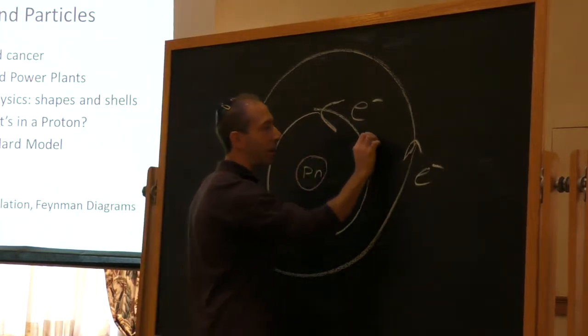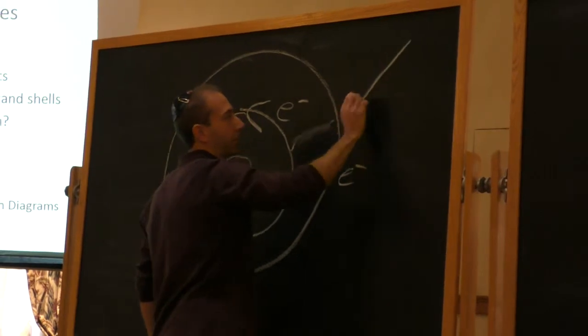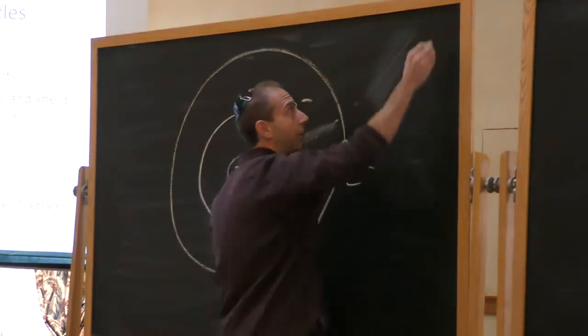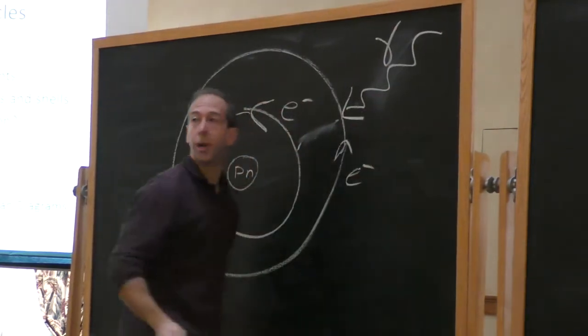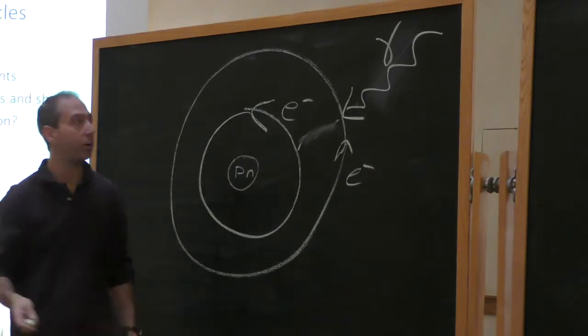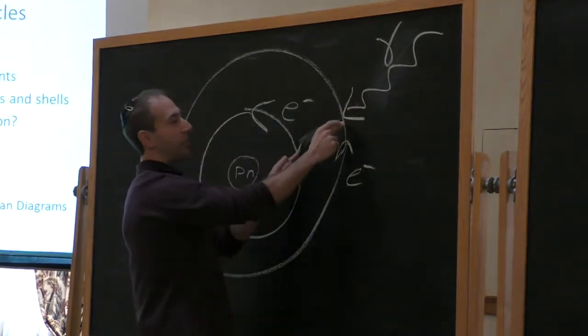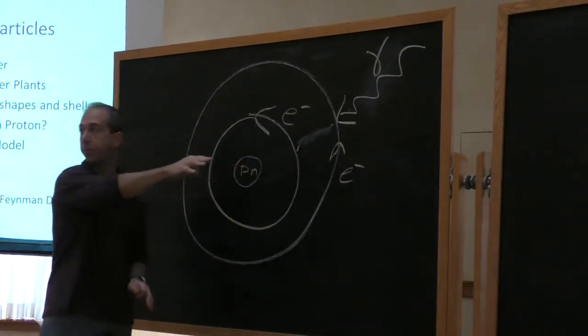So if I add a photon in here, let's try this again. I'm bringing a photon from somewhere, where a photon is a particle of light, so I have some light source. That photon comes into my atom. If the amount of energy in that photon happens to be the spacing, I can push the electron from one orbit up into the next orbit.